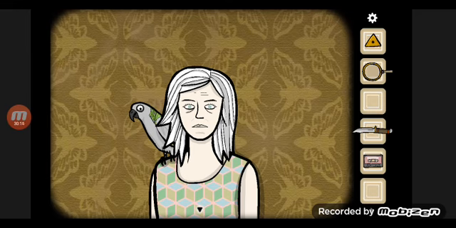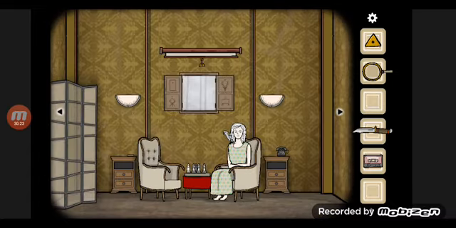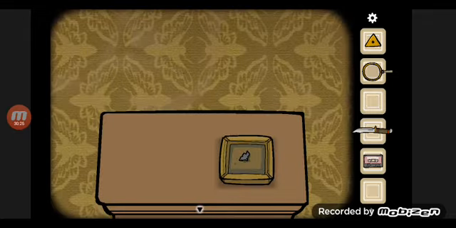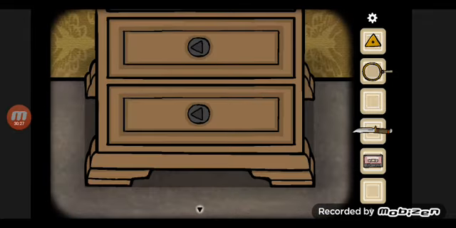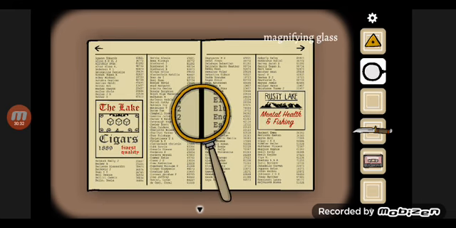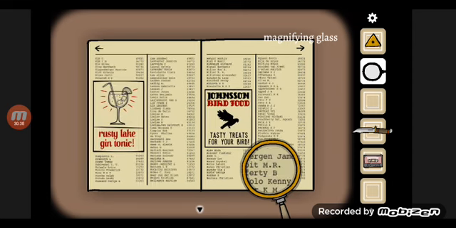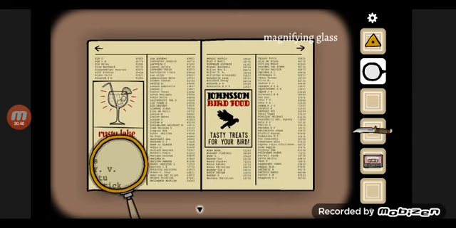Watson! And the telephone directory, we will need to find Johnson's phone number.